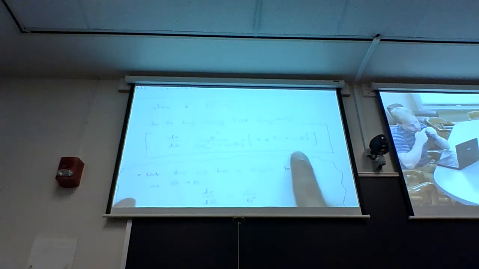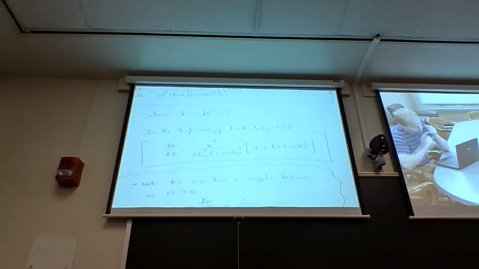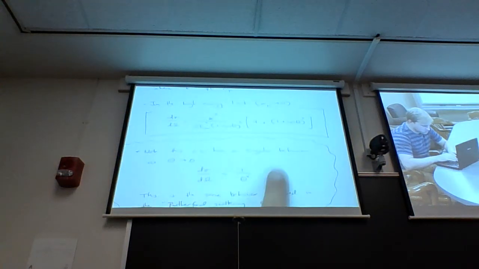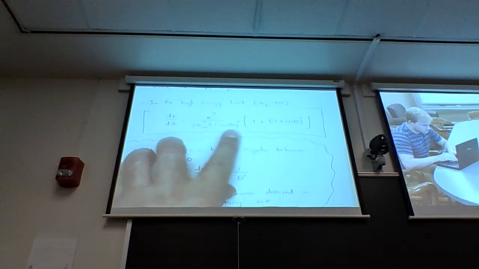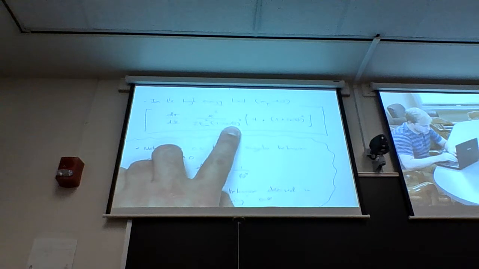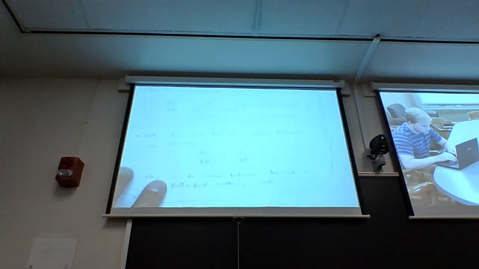In that case, we get something that looks like this. One of the things you note is that there is a singular behavior here coming from this denominator. When cosine theta goes to 1, or when theta goes to 0, you're going to get something that blows up here.